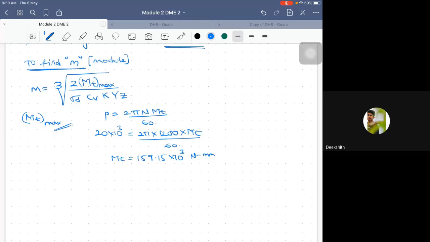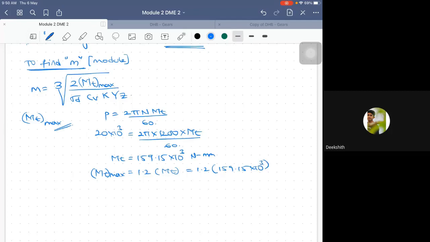Now calculate Mt max. Mt max is equal to 1.2 times Mt, so 1.2 times 159.15 cross 10 to the power of 3.